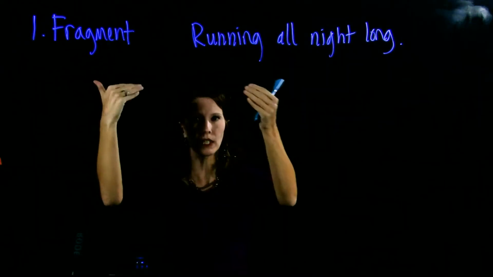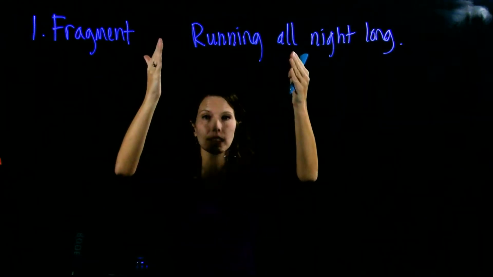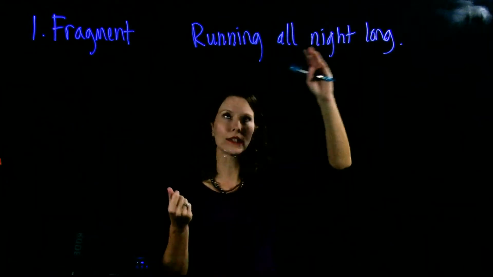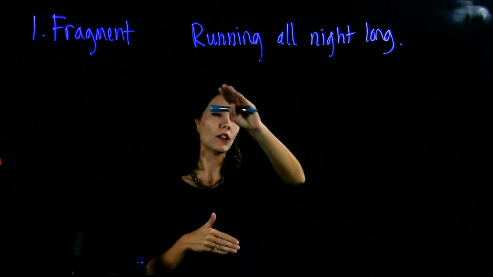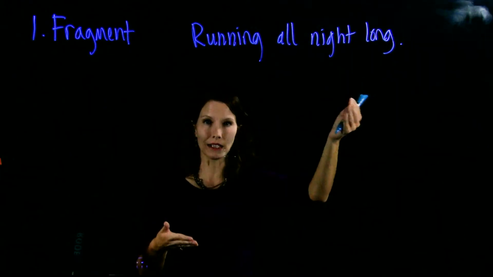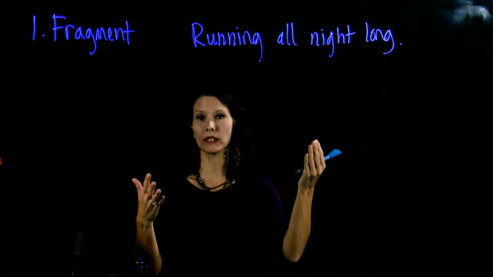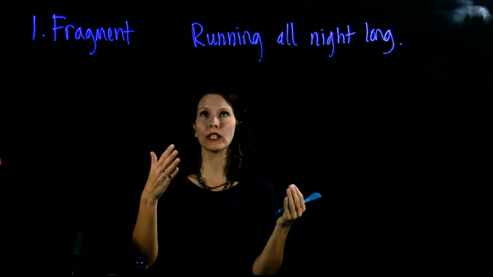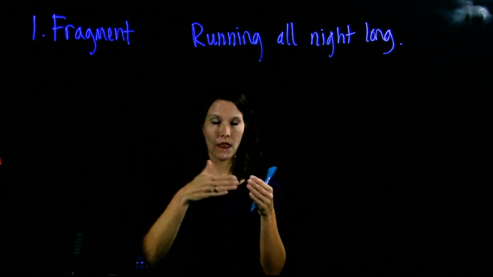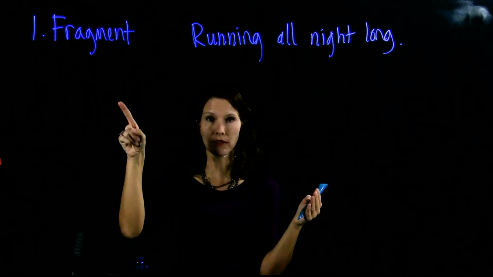You don't know who was running all night long, or if running is the subject, you don't know the action that running took or the linking verb following running. So this is a sentence fragment that would need to be corrected by adding whatever is missing to make it a complete sentence. So for example, you could add Carlos was running all night long. Then you would have a complete sentence instead of a fragment.